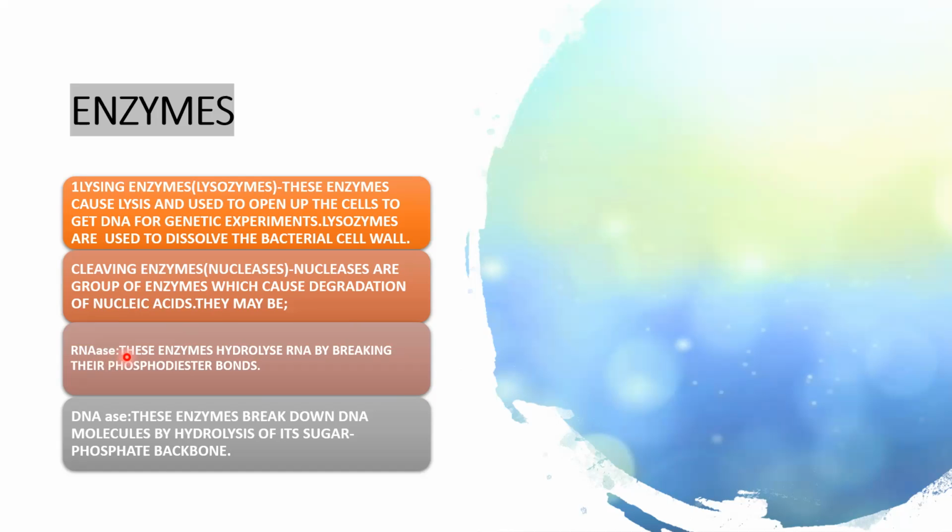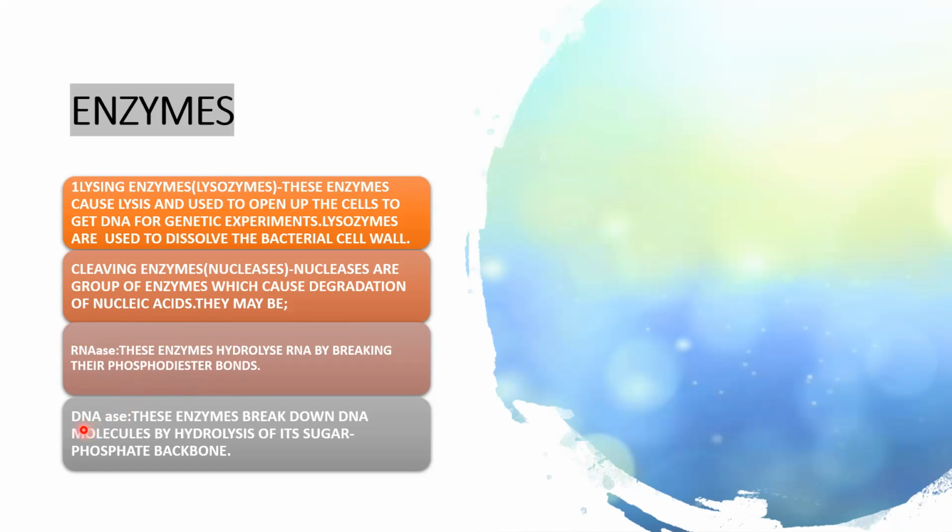As we know, in DNA and RNA, the structure is made up of a nitrogenous base, phosphoric acid, and sugar. And then RNases will break the bond between sugar and phosphoric acid. When that bond is broken, the RNA is also broken. So this is called RNase.